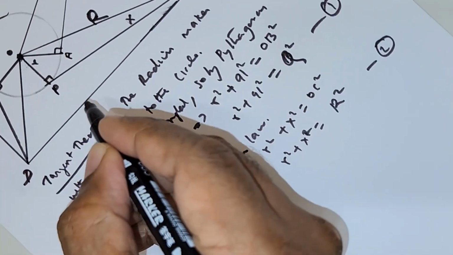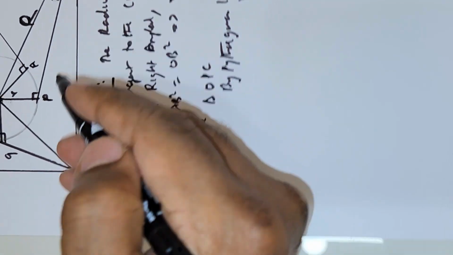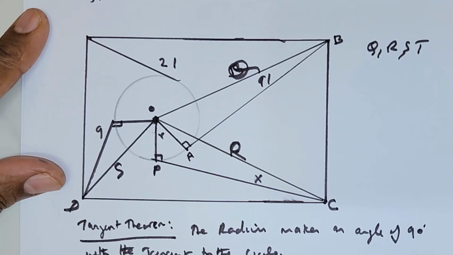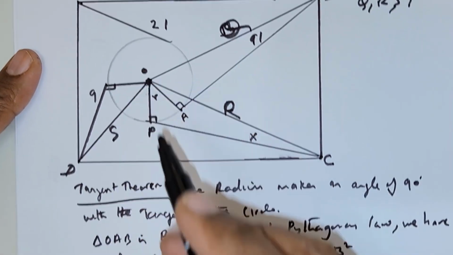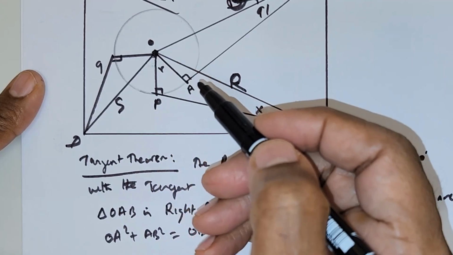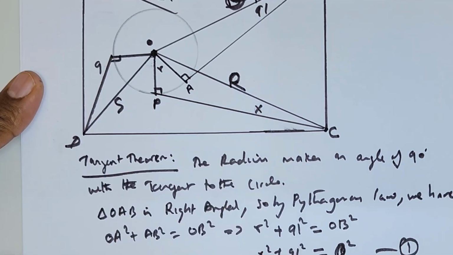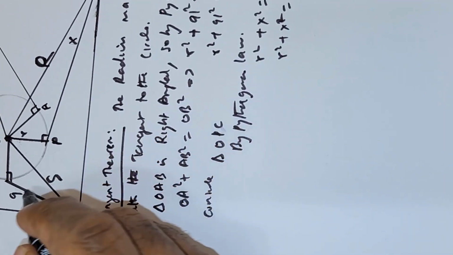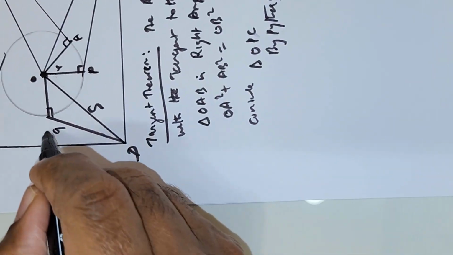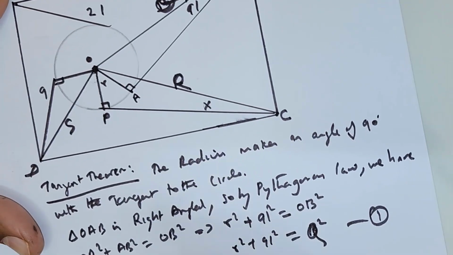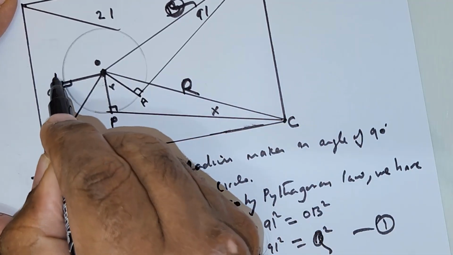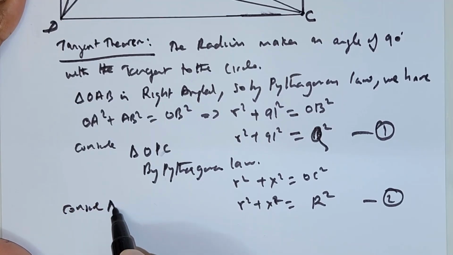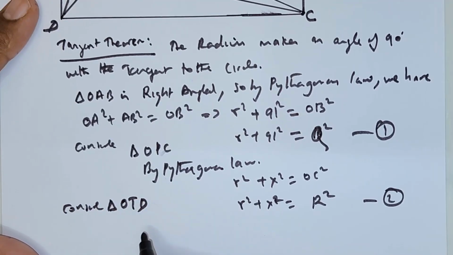This point is going to be D. As I mentioned, QRS, I would be taking this as S. So consider O, and this distance is 9, and I name this point T. So we consider triangle OTD.